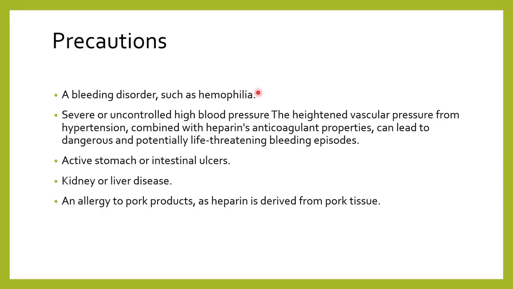You have uncontrolled high blood pressure. One is the pressure of the blood flowing in the vessels, and also the anticoagulant property of heparin can increase the risk of bleeding. You have severe kidney or liver disease. All these are contraindications, or situations wherein you will have to use this with precaution.